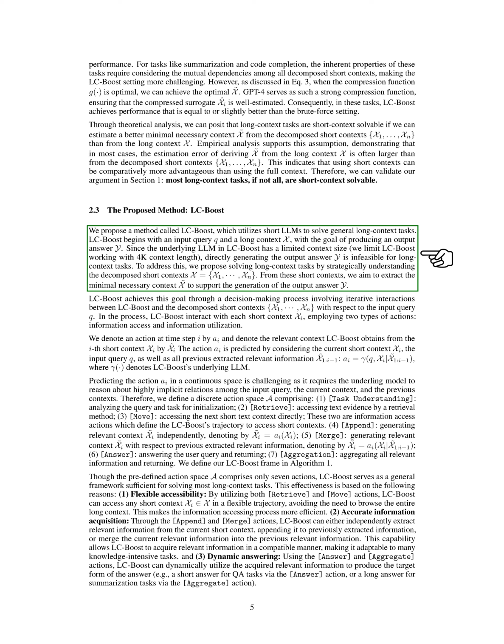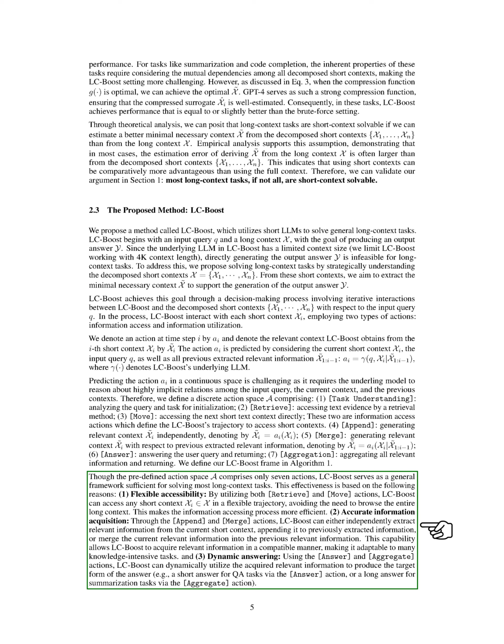The actions taken by LC Boost include analyzing the query, retrieving text evidence, moving to the next short context, generating relevant context independently, merging relevant context with previous information, answering the query, and aggregating all relevant information. Although LC Boost's action space consists of only 7 actions, it proves to be a versatile framework for solving various long context tasks.